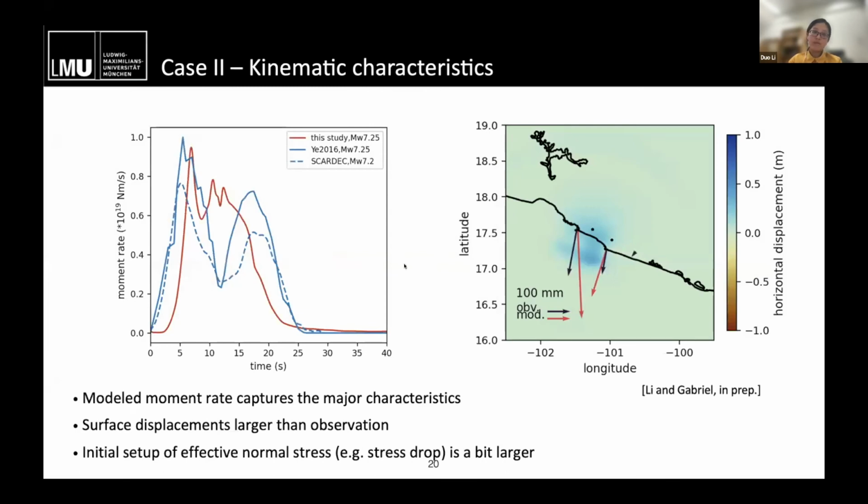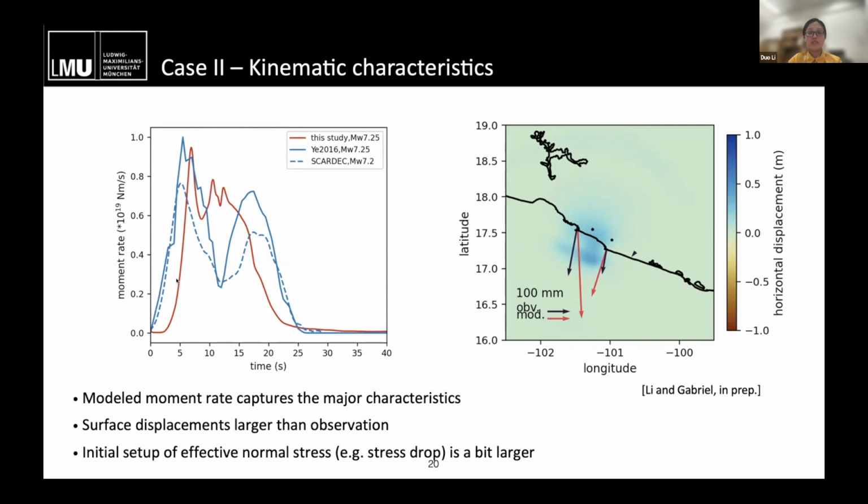We also compare with some observational data. So the blue lines are the moment rate from seismic stations, and the red curve is our modeled moment rate. We have the shape of these two peaks because there are two circular asperities on the fault, and we also compare with the surface deformation from the regional GPS network.